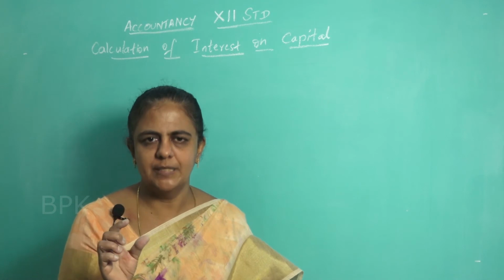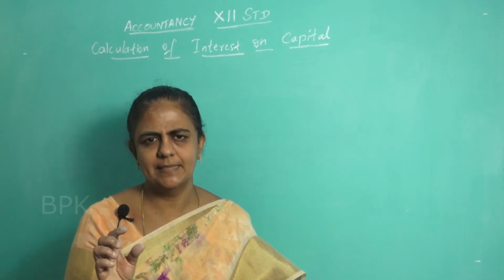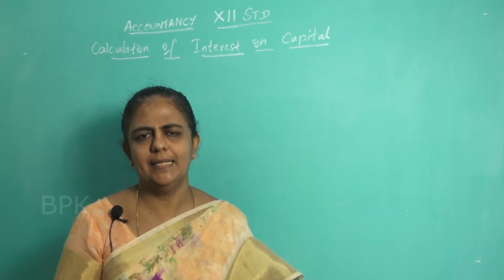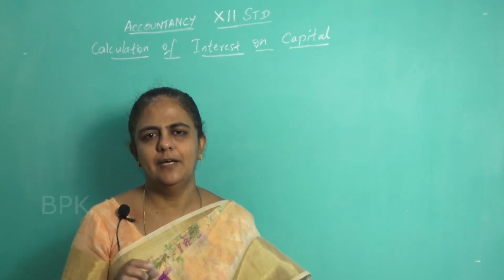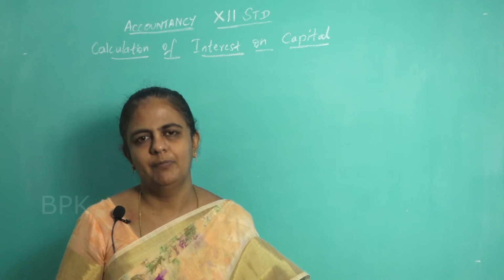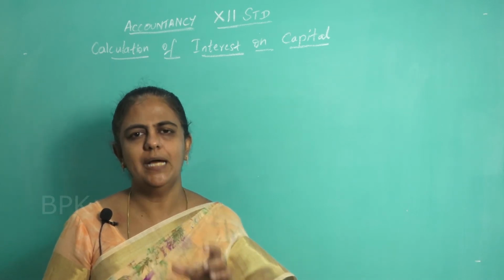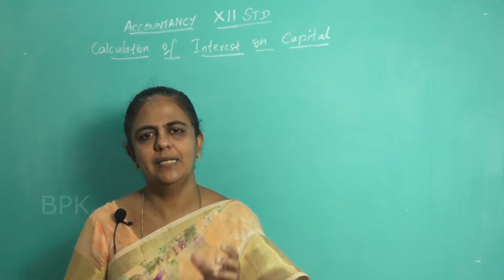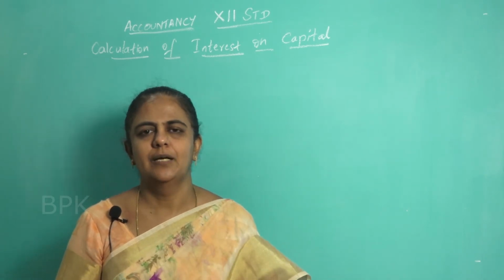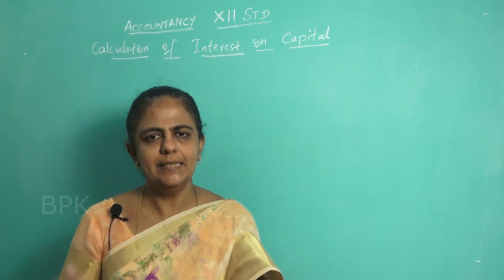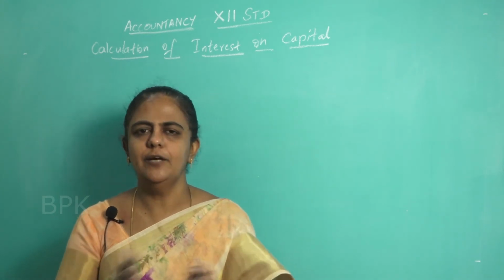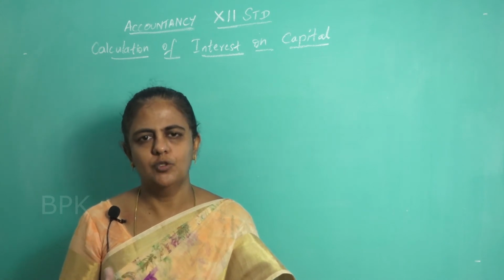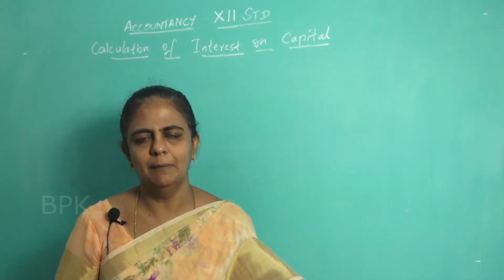Calculate the interest, and then take the additional capital and calculate the interest for it. When calculating interest for the additional capital, you have to keep in mind the date when the capital is introduced. From that date till the end of the accounting period, you have to calculate how many months they have invested.